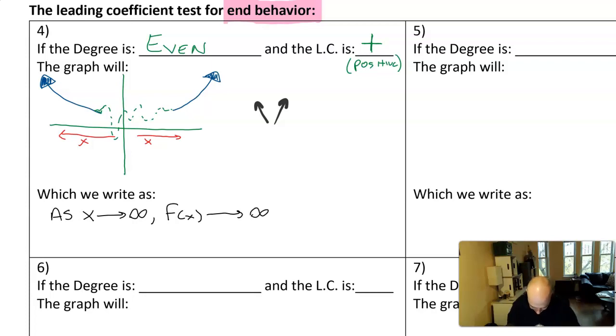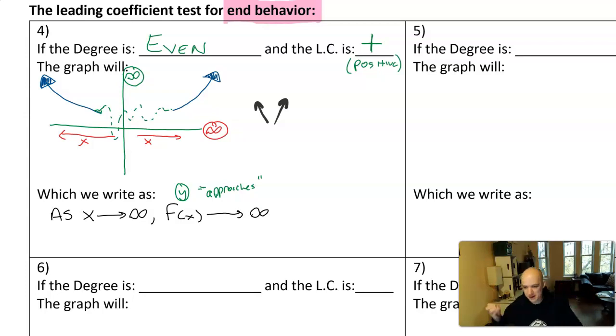So let's decode that. That's basically saying as x approaches infinity on the x-axis, so that's over here, f of x, which is really the y, approaches infinity on the y-axis, or goes up.